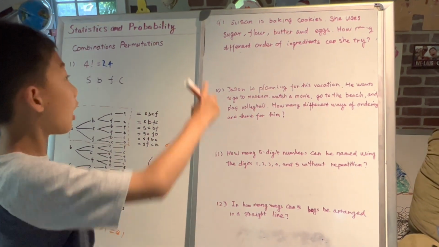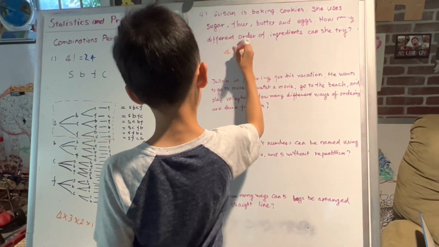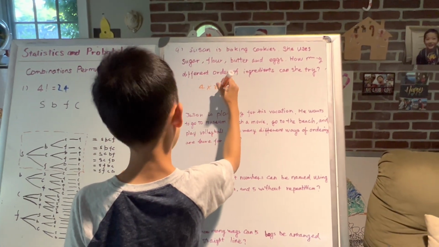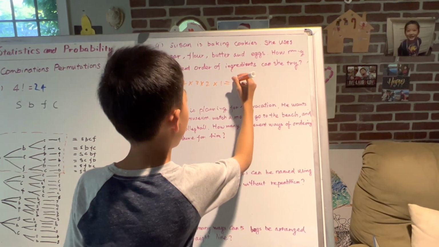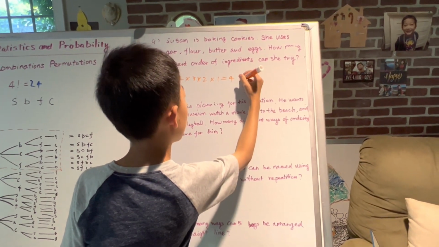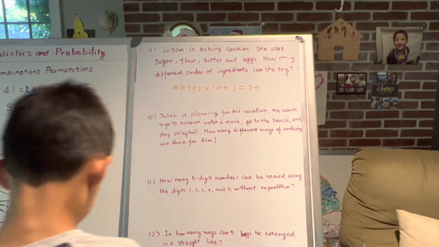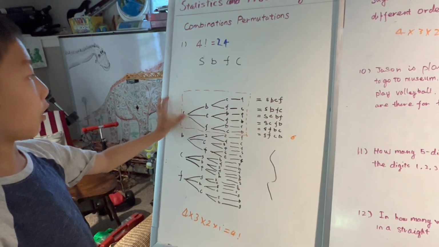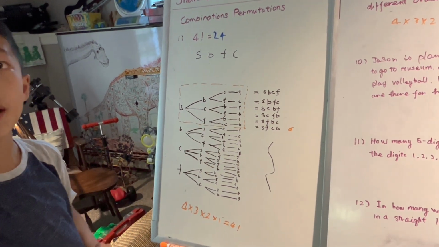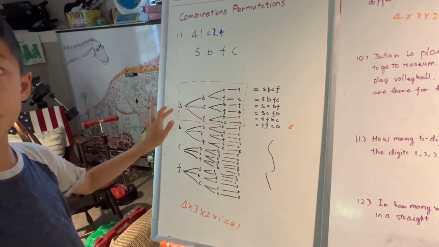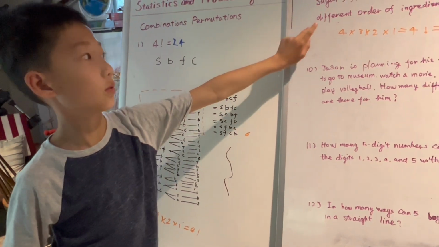I do not have enough room to write all of this, so I'm just going to write 4 times 3 times 2 times 1 equals 4 factorial, or equals 24. So we have 4, and then 3, and then 2, and then 1. That's how we got this one.